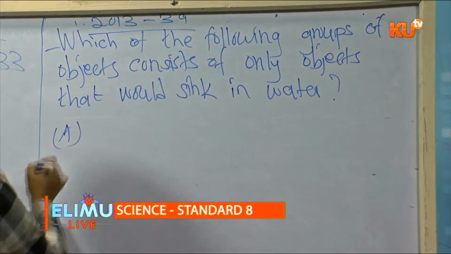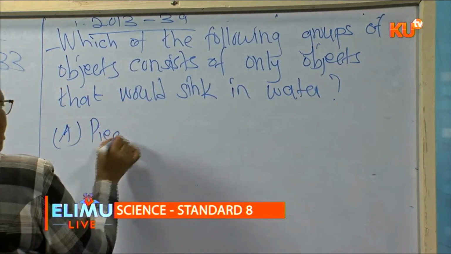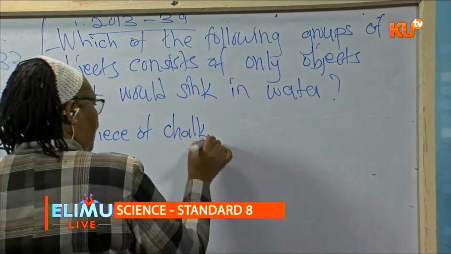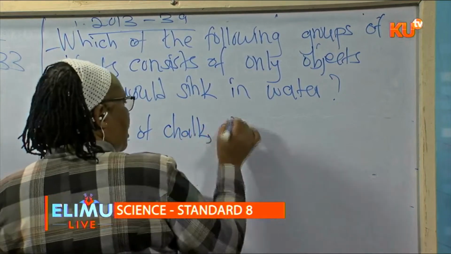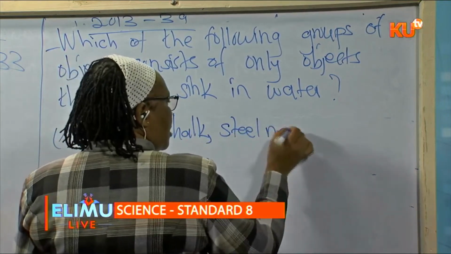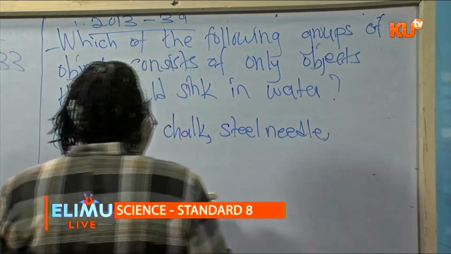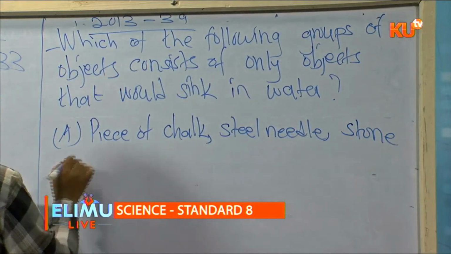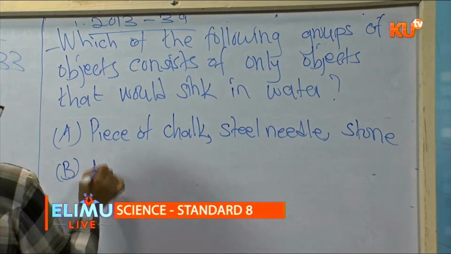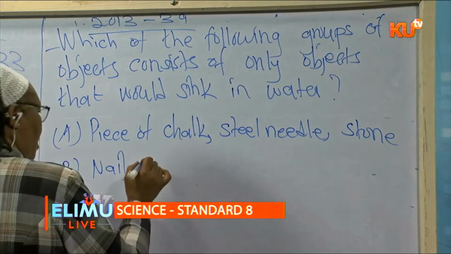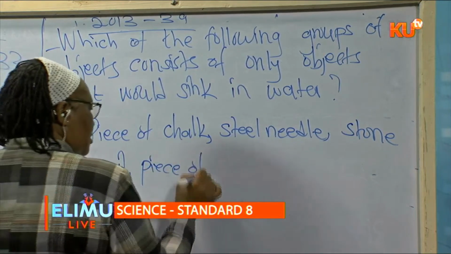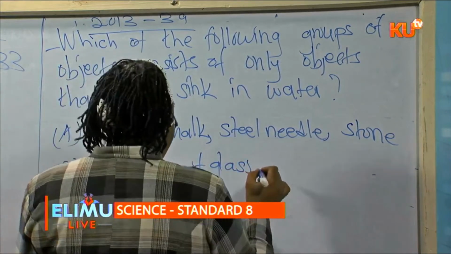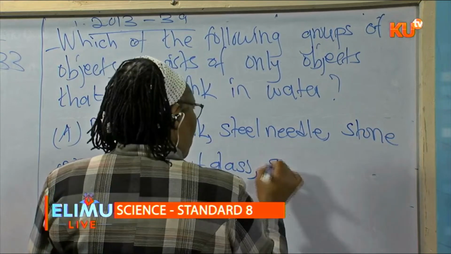Choice A, piece of chalk, steel needle, and cork. Choice B, nail, piece of glass, and stone.